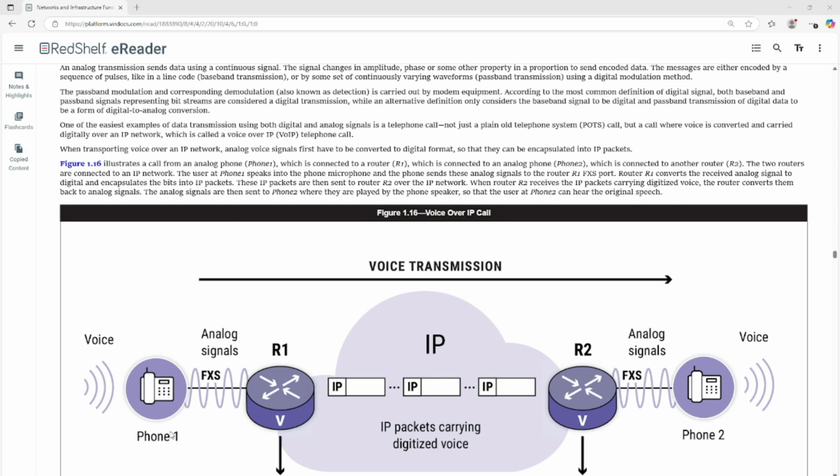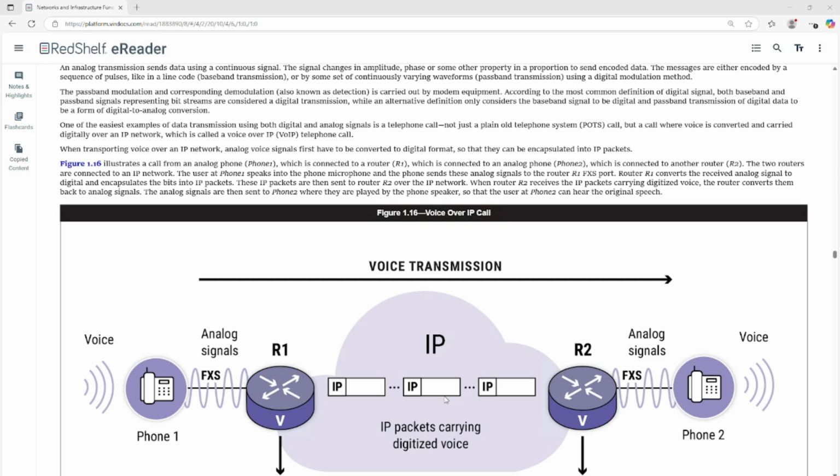The user at phone 1 speaks into the phone microphone and says hello. The phone sends its analog signal to router 1. Router 1 converts the received analog signal to digital.